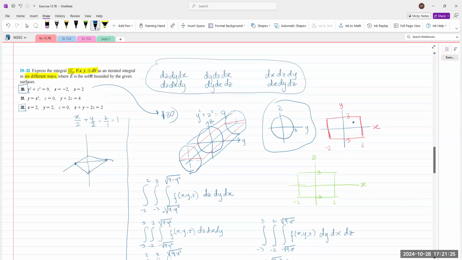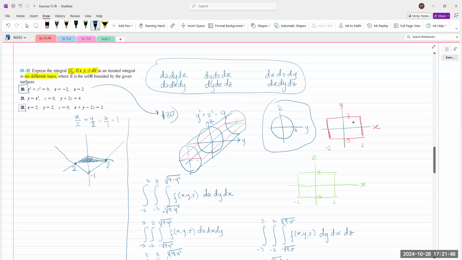It's underneath. So this is 2 here, this is 2, this is -1. Z equals 0, this is the xy plane.